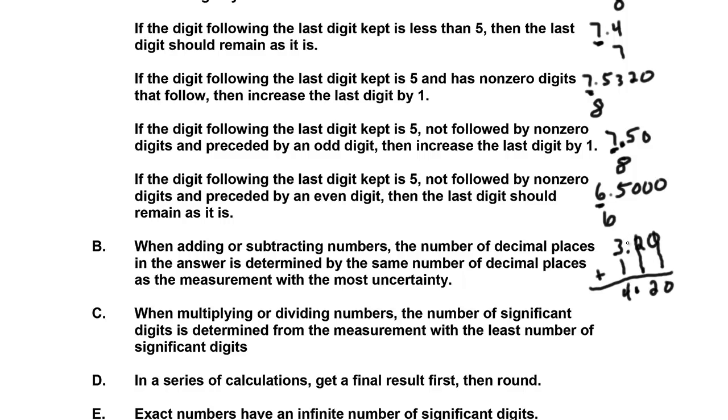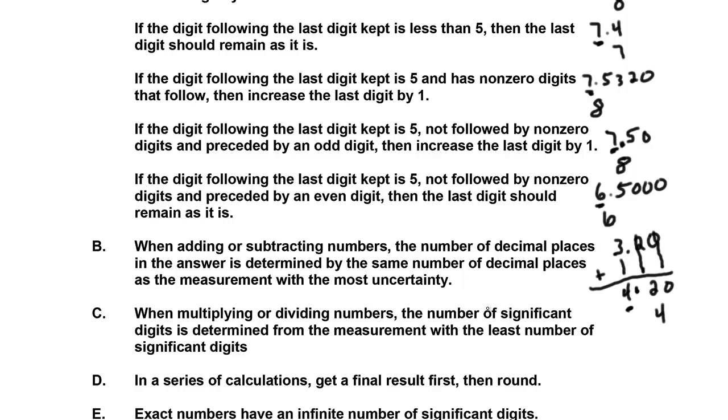So if we were going to round, we would have to round this number to the ones place and just say the answer is 4. Namely because this number 2 is less than 5, so we round down, so it would be a 4. So this has to be to the ones place. I'll do some more examples of that in just a second.